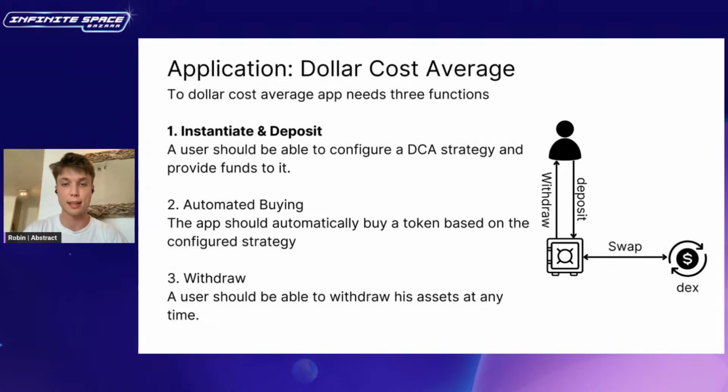That's the first, and then I also have to give it money to actually make it buy. The second component is to automate the buying. So there needs to be some kind of cron job going on that every couple of days tells the contract to buy. And then the third is, of course, you need the ability to withdraw your tokens.